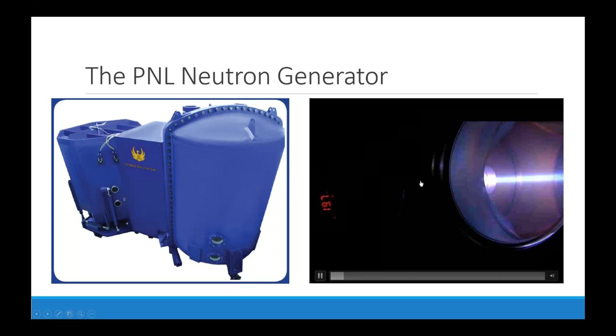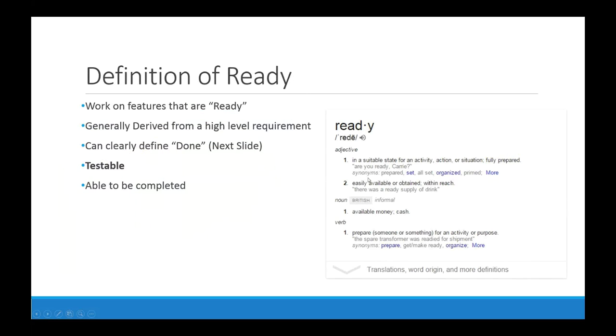Let's go to the next. Well, let me first give you a little bit of reasoning why we want to do this testing. Part of the Agile process is this idea that you work on code that's ready to be worked on.